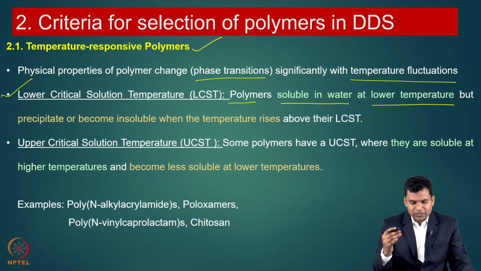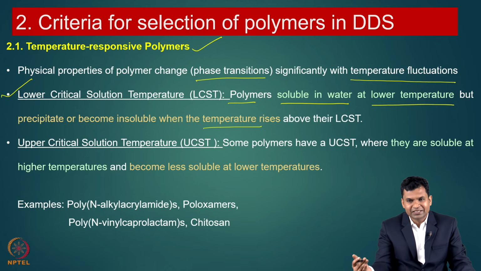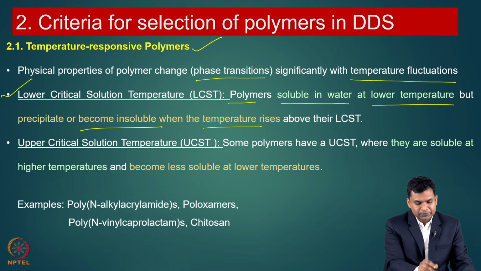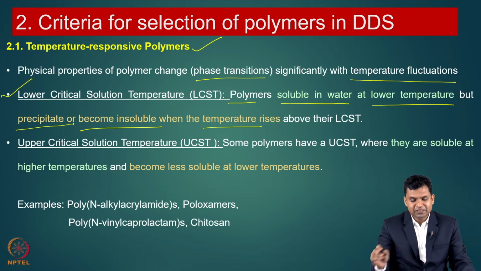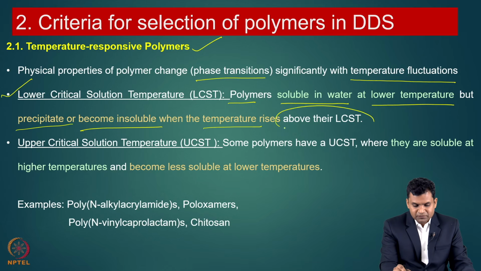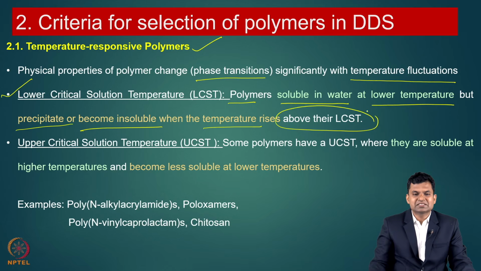When you increase the temperature above that lower temperature, the soluble polymer in the water will undergo precipitation and become insoluble.